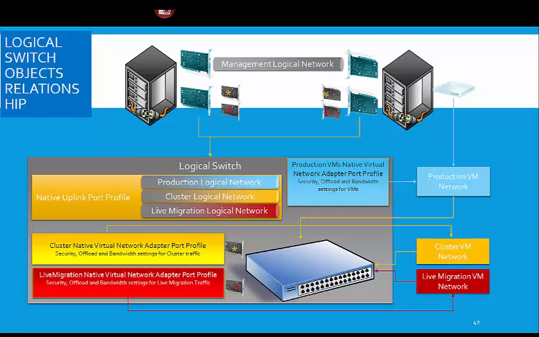And 1 virtual network port that will be used by the VMs connected to the production VM network. This diagram assumes that the production VM network is connected to the production logical network, and the cluster VM network is connected to the cluster logical network. And the live migration VM network is connected to the live migration logical network.